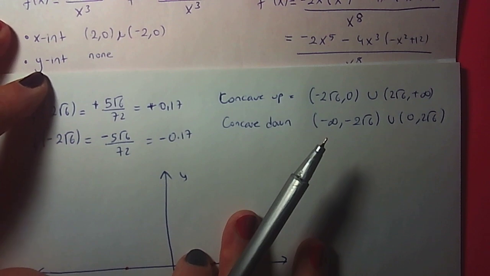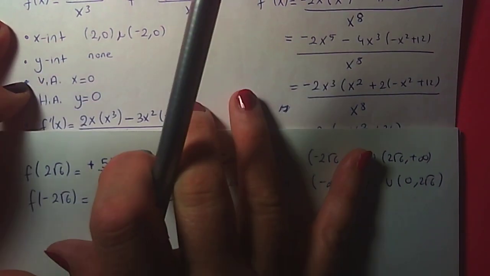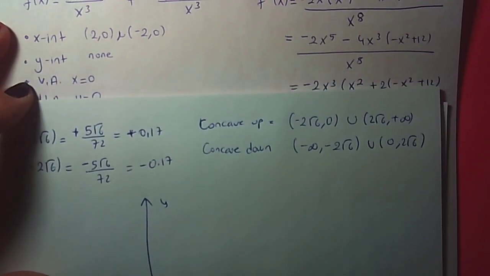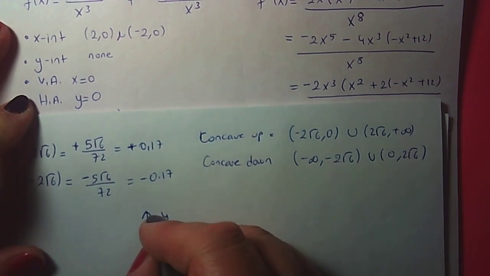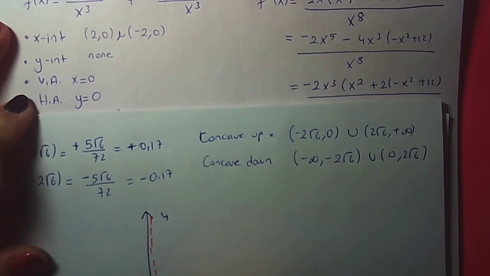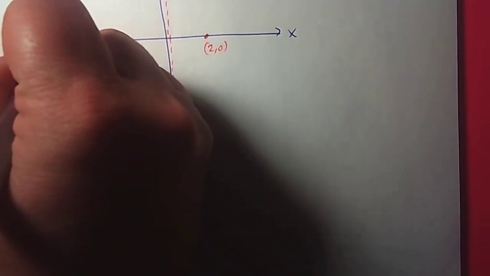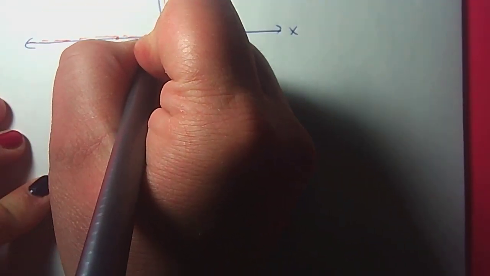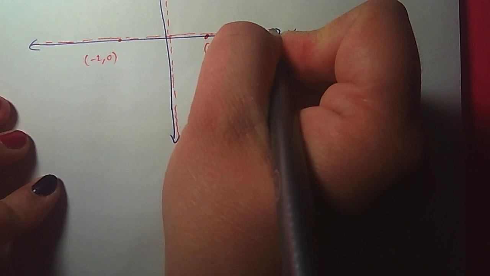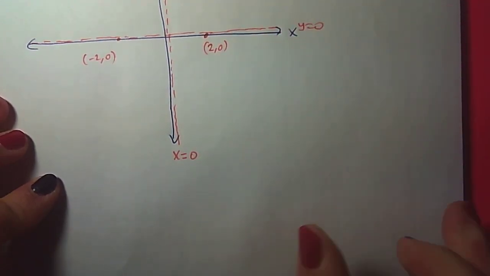And the y-intercept, we don't have any. Now let's put the vertical and horizontal asymptotes. x equals 0. y equals 0.